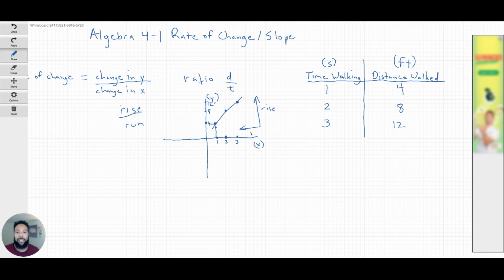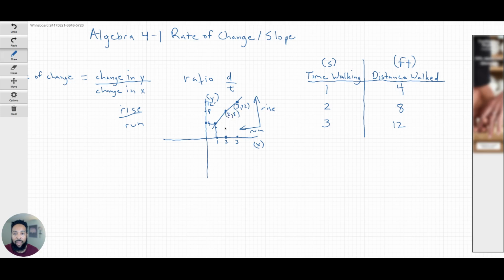So the way we can look at that is, let's look at these coordinates, each coordinate, based on the x and y axis. This coordinate is 3, 12. This coordinate is 2, 8. This coordinate is 1, 4.